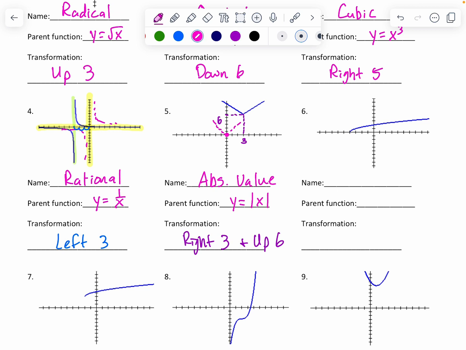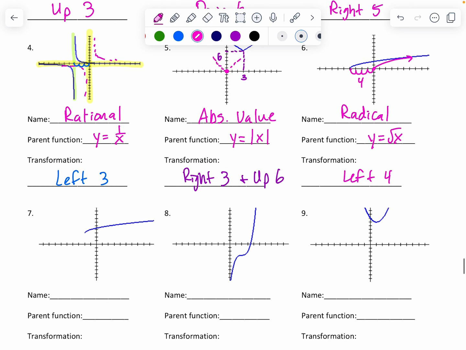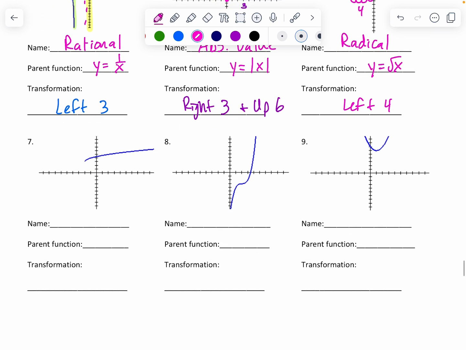Number 6, again, I see a starting point curving. So when it starts and curves like that, that's a radical function. And that is created by a square root. So that square root moved over 1, 2, 3, 4. So it went to the left 4. All right, number 7. Oh, I see another radical.